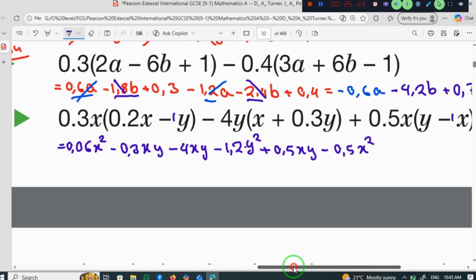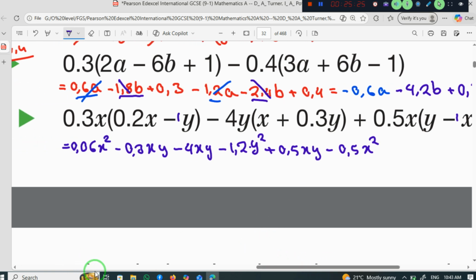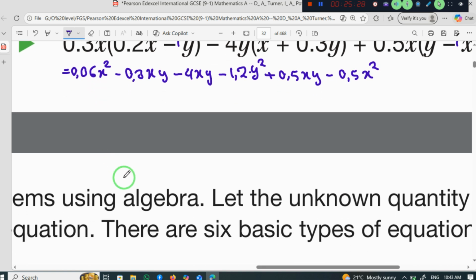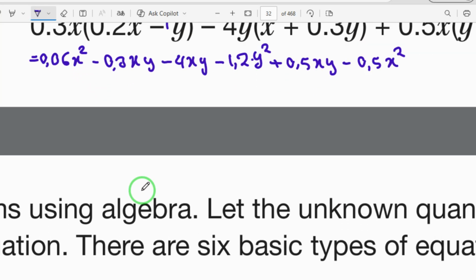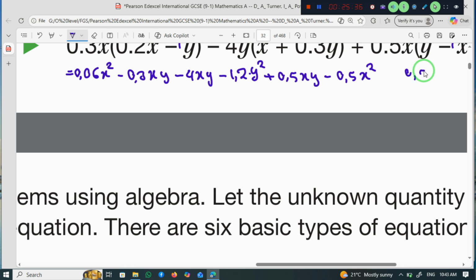Now we look for like terms here. We have x squared here, and as well here, we subtract. Here we have 0.5 minus 0.06, so we add 0 here and subtract. 10 minus 6 becomes 4, and we borrow here, remain 4. 0.44, but the sign is negative because this one is bigger.